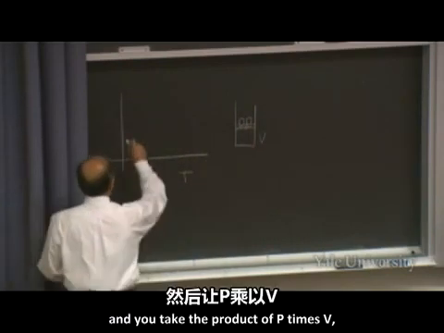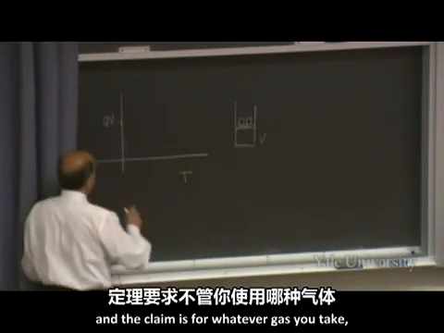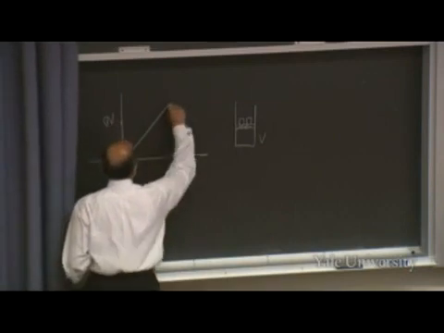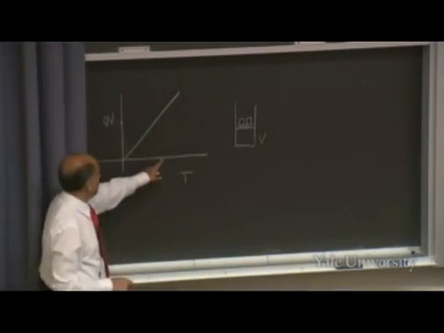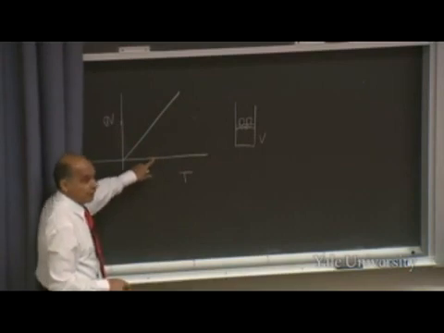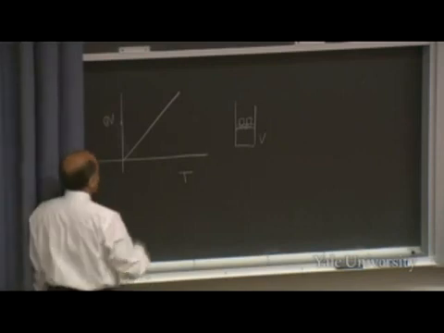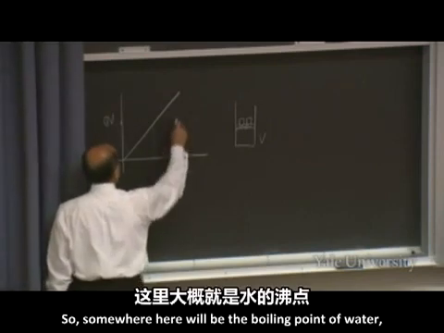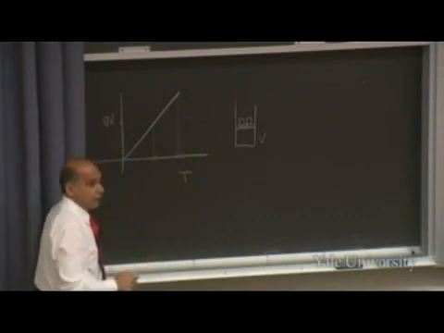And you take the product of P times V, and the claim is for whatever gas you take, it'll be a straight line. Remember now, this is in Kelvin. Your centigrade scale is somewhere over here, but I've shifted the origin to the Kelvin scale. So somewhere here will be the boiling point of water, somewhere the freezing point of water.